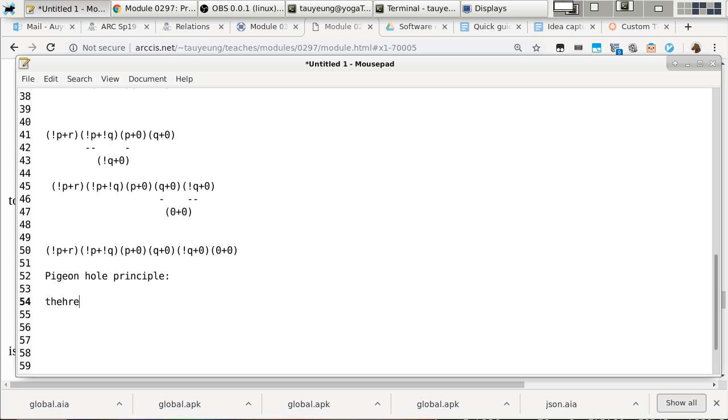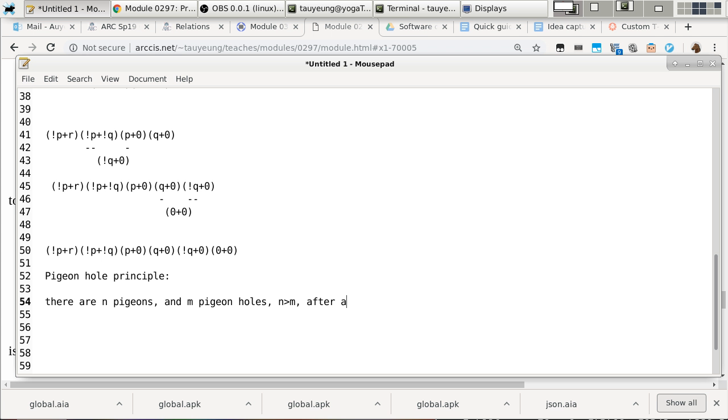So the pigeonhole principle says this. There are n pigeons and m pigeonholes, and you are told that n is greater than m. It is a given. We look at the number of pigeons, we look at the number of pigeonholes, and n is greater than m. It is a known fact.